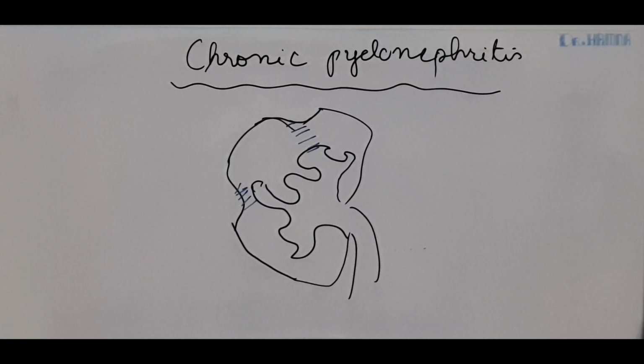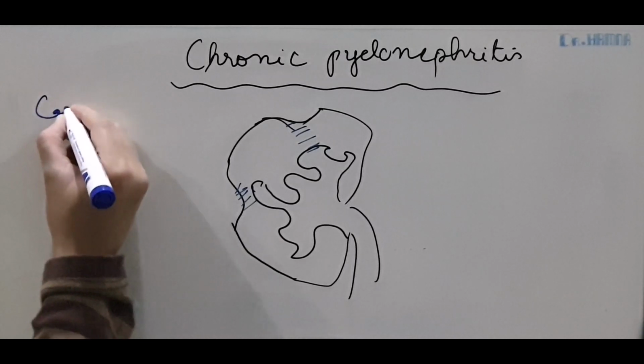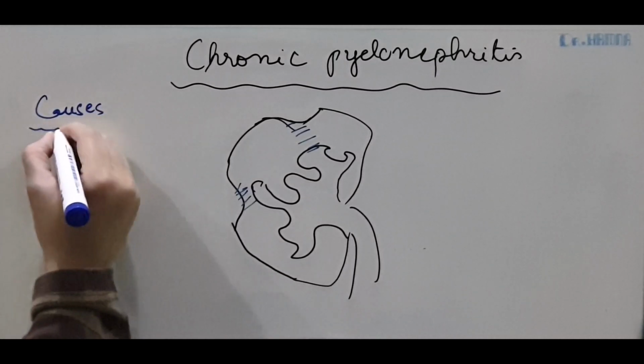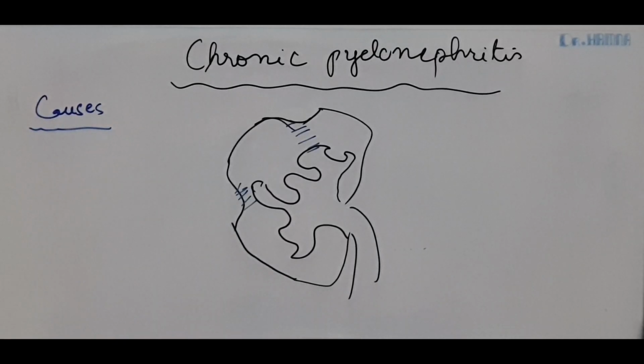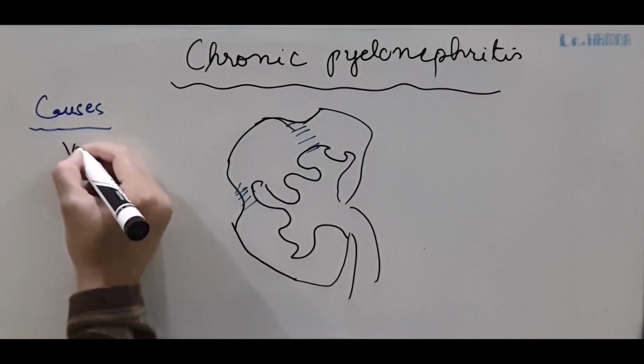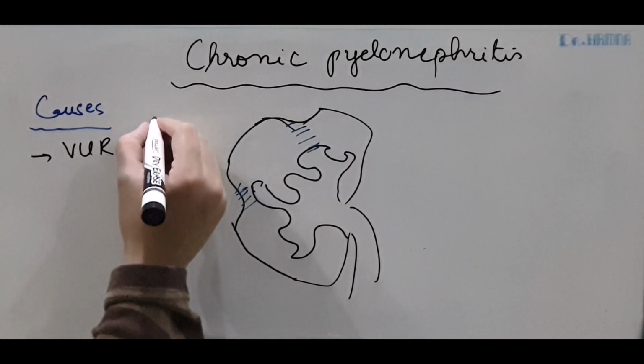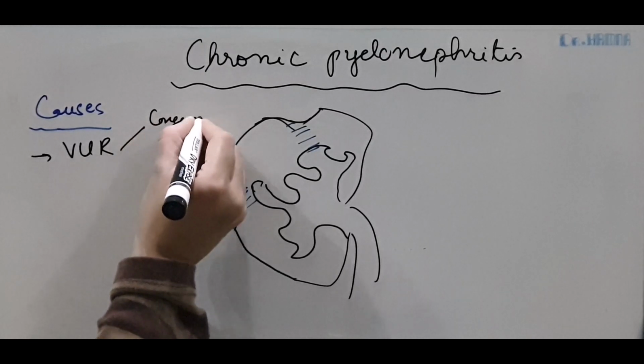So, chronic pyelonephritis, first of all, what are the causes that can lead to chronic pyelonephritis? The causes are basically related to what led to acute pyelonephritis, and these are vesico-ureteric reflux, which can be congenital or acquired.